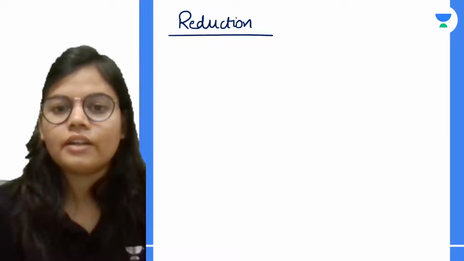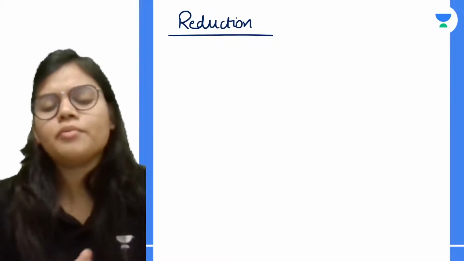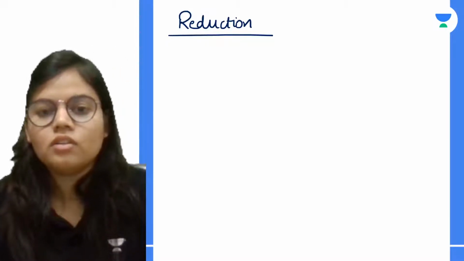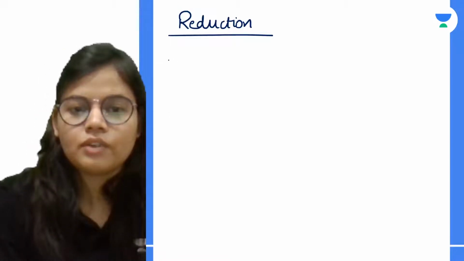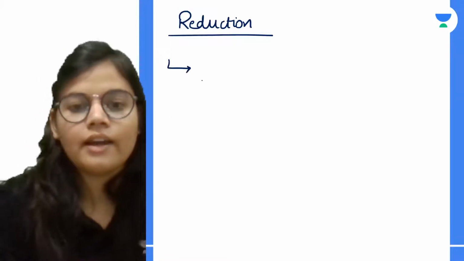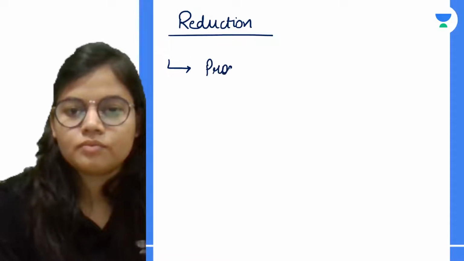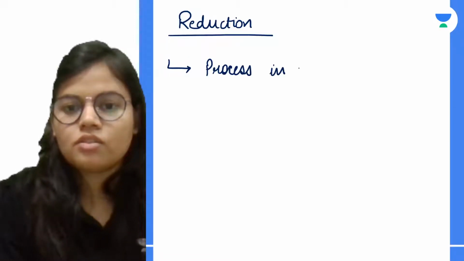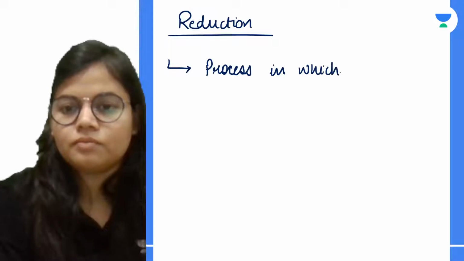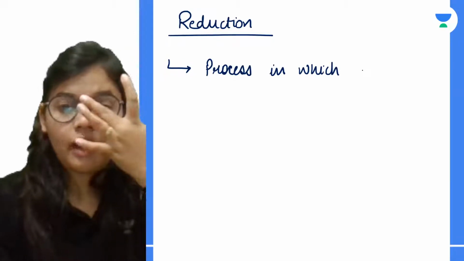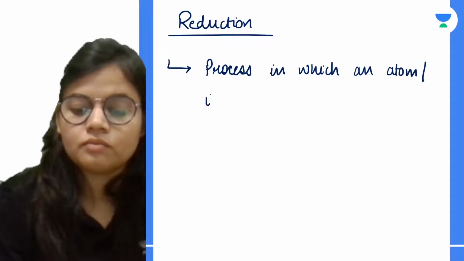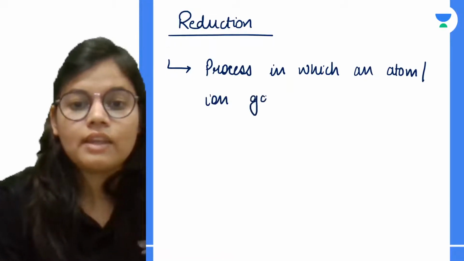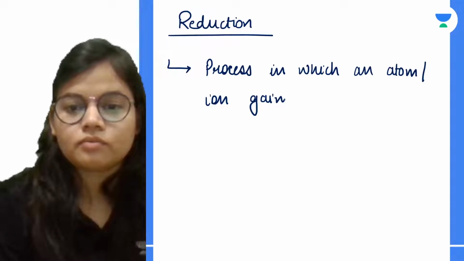Oxidation, we saw that it is losing electrons, so reduction would be just the opposite of oxidation. So reduction, in terms of electrons, is defined as a process in which an atom or ion gains electrons.